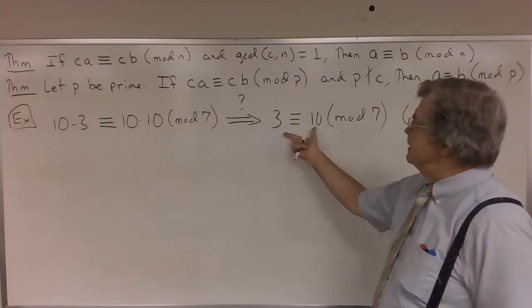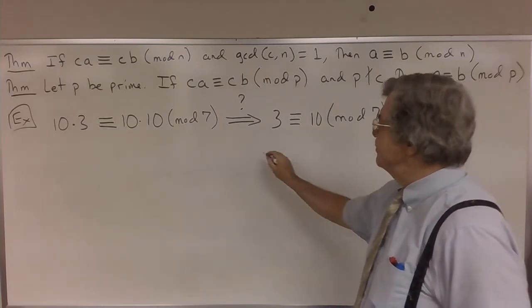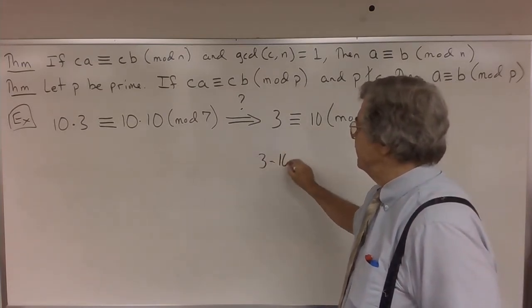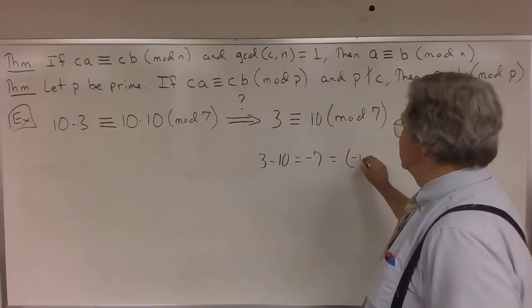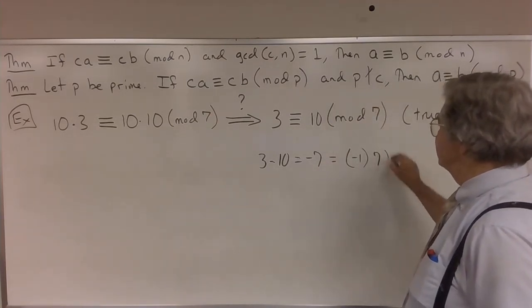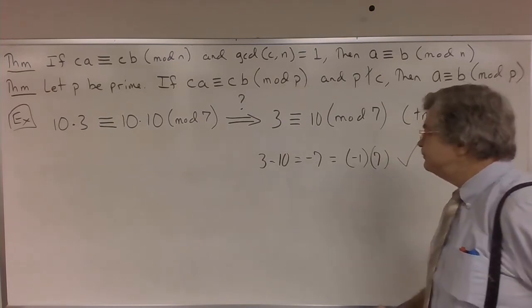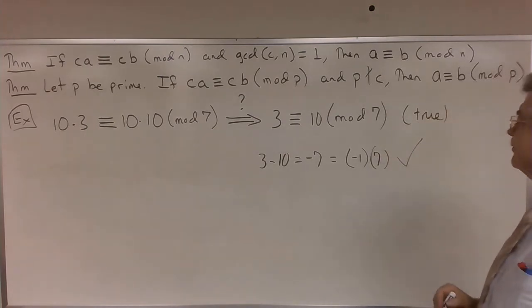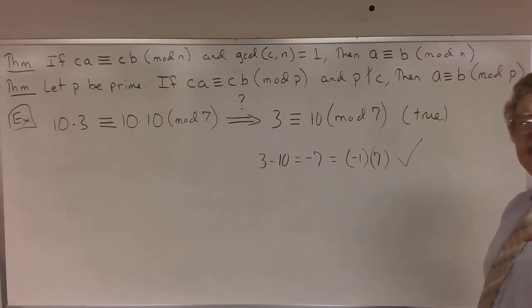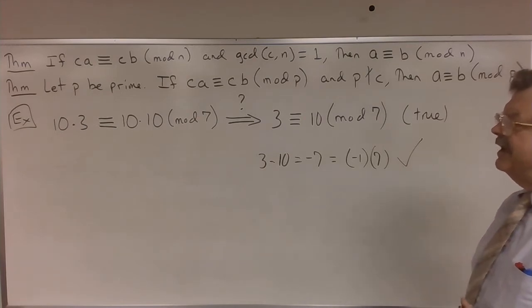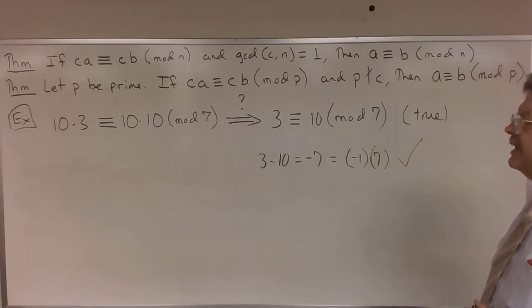We know it's true because if we subtract 10 from 3, we get negative 7, which is equal to some integer times 7. Now, why did this work when in the previous example we couldn't cancel the 10s from both sides?